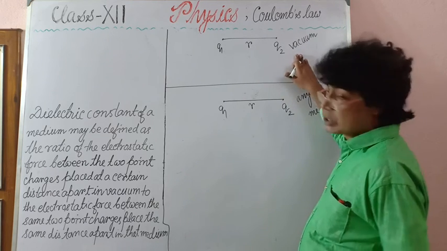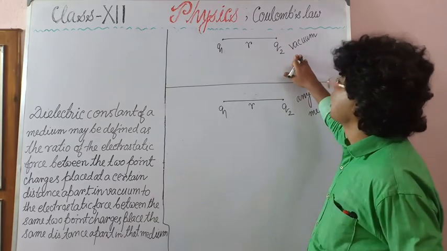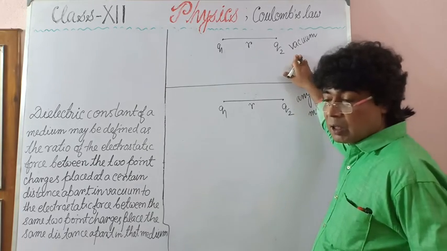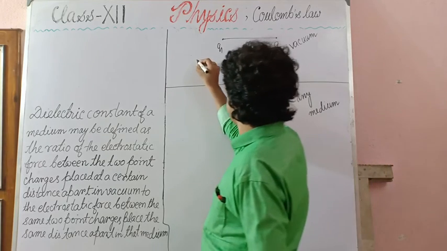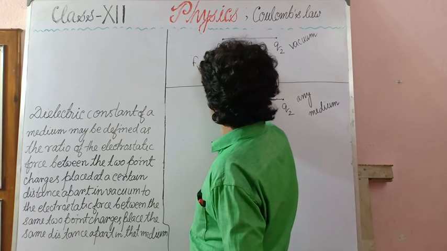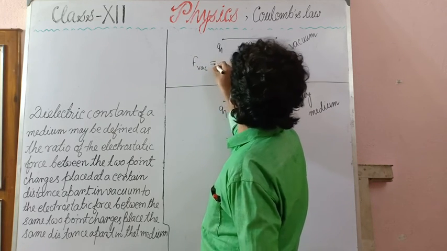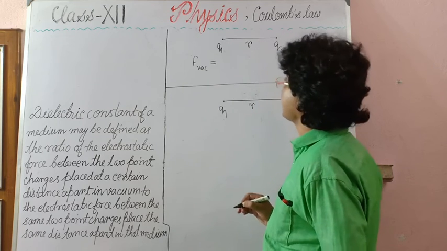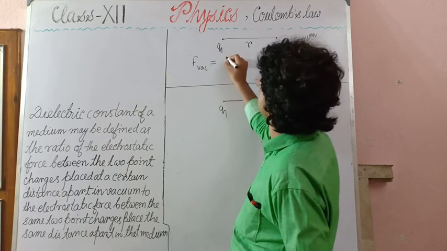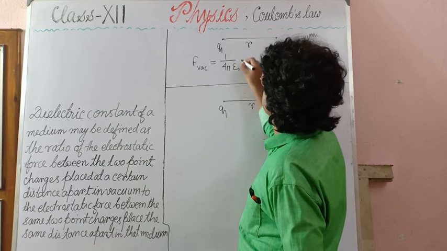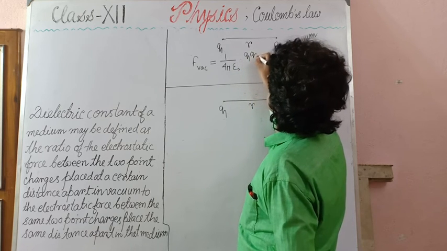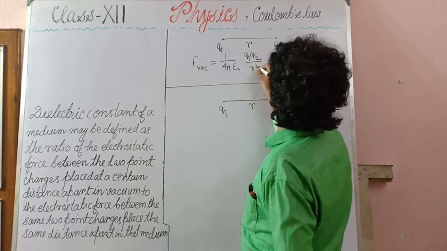If in this case the electrostatic force between the point charges in vacuum is F vacuum, then in SI units we can write F vacuum equals 1 by 4 pi epsilon 0 Q1 Q2 by R square.